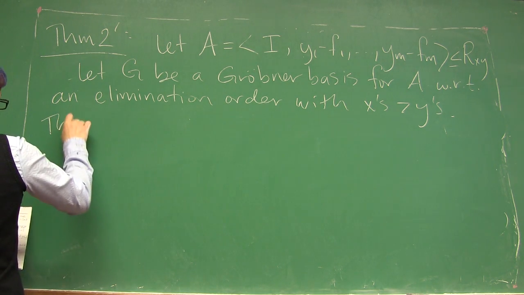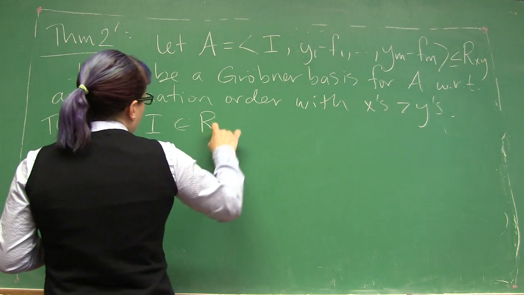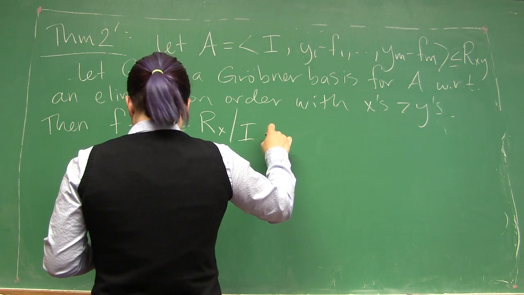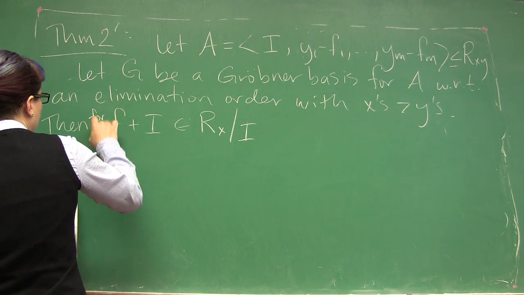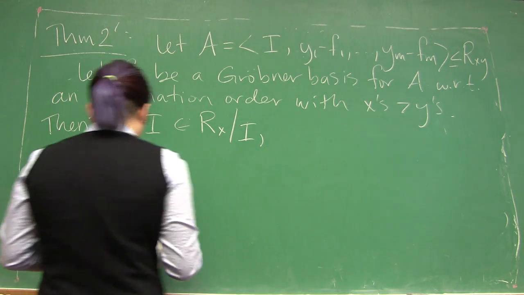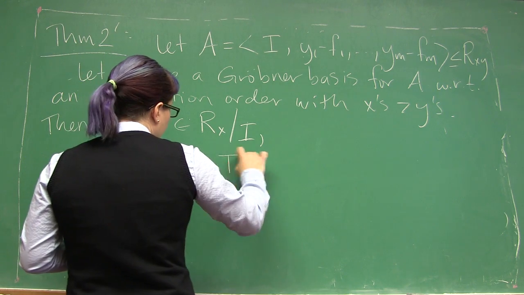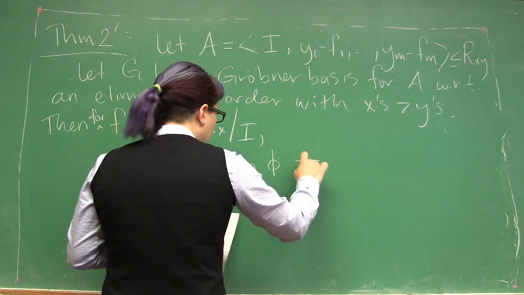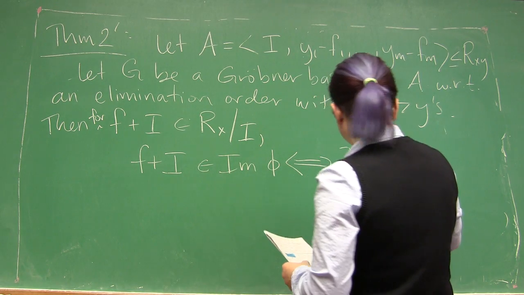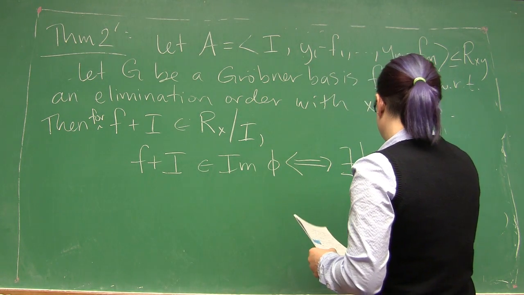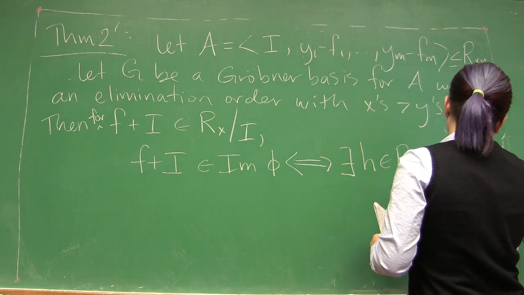Then, if we consider some element f plus I in the quotient ring Rx mod I, we have that f plus I is in the image of phi if and only if there exists some polynomial h in only y variables such that f reduces by G to that polynomial h.